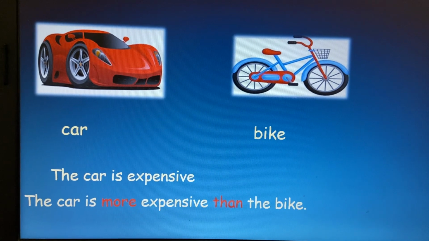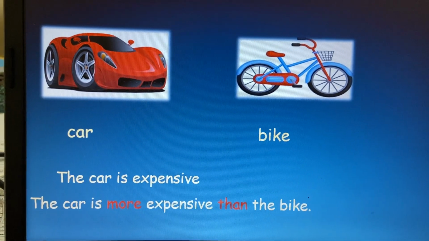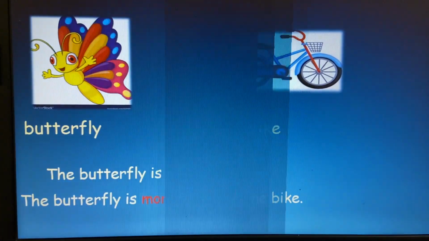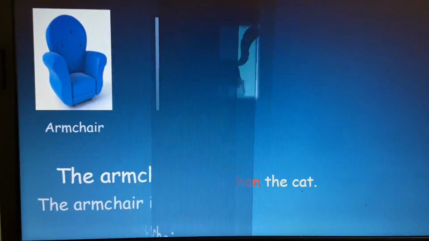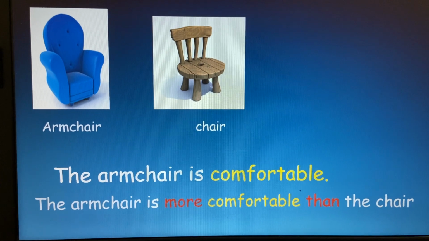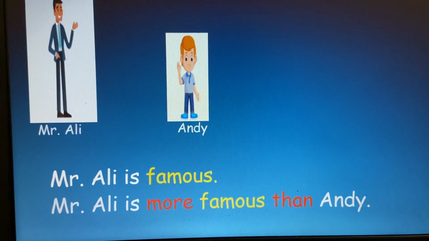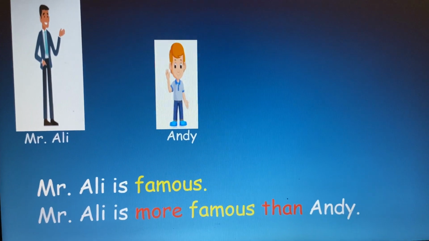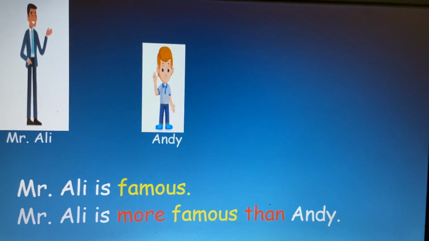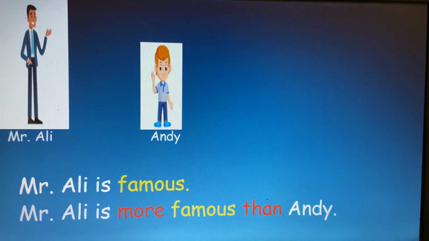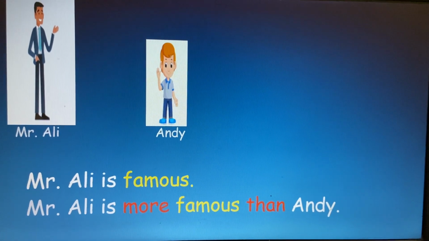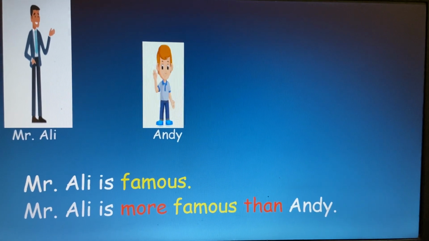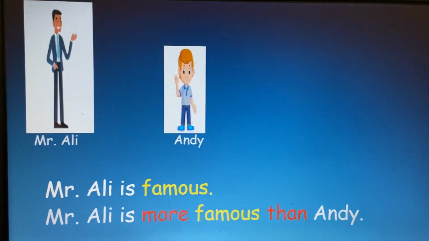Let's revise the adjectives one more time. We're going back to Mr. Ali and Andy. Here they come. Mr. Ali is famous. So Mr. Ali is more famous than Andy.